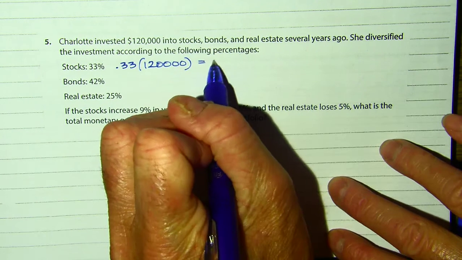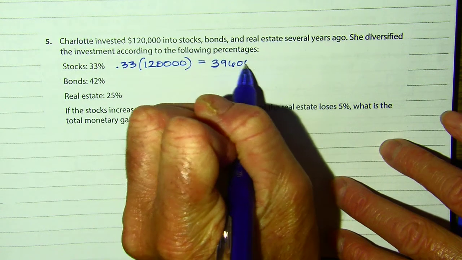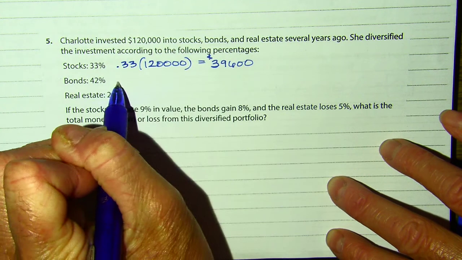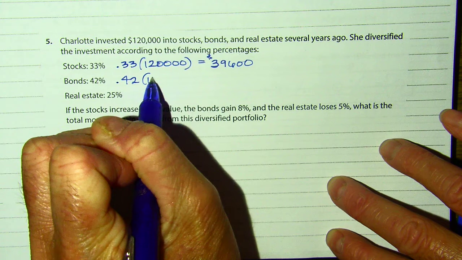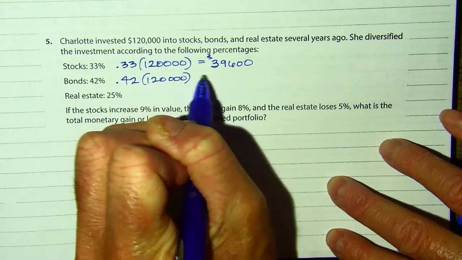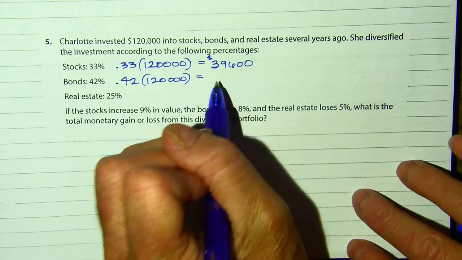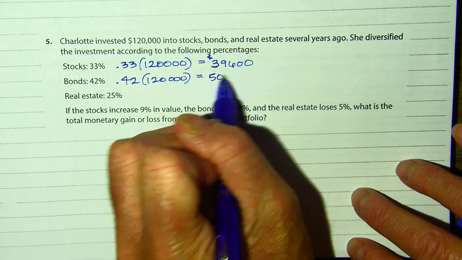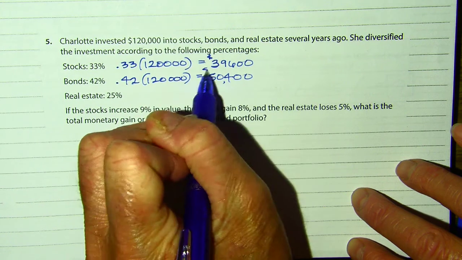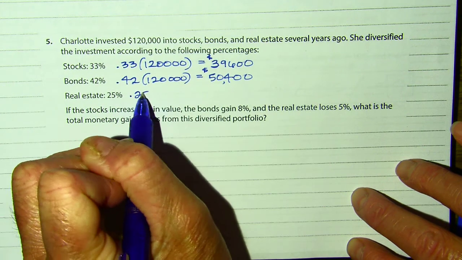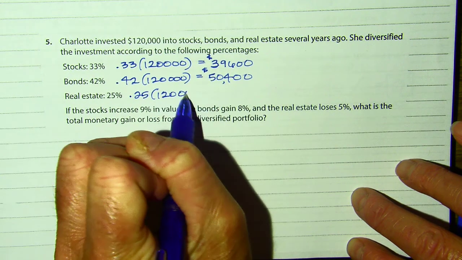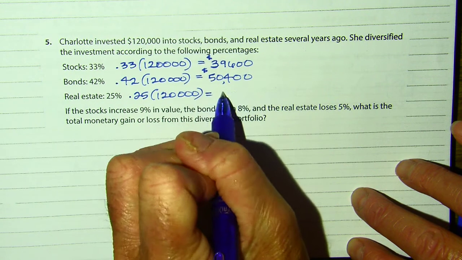So she invested $39,600 into stocks. She invested 42% of that money into bonds, which is $50,400. And she invested 25% into real estate, which is $30,000.